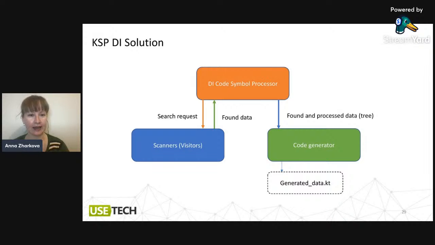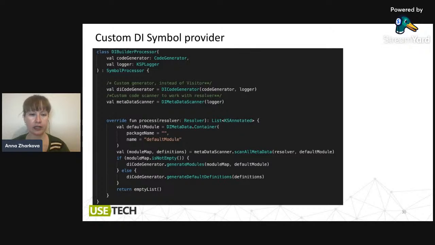It will use a special scanner, or it could be a visitor, and this visitor will analyze all our data and collect it together, and all these batches of data will next be used in our special code generator to create and generate our new data that will be stored as Kotlin sources and then processed with our other sources during the compilation. So there is our symbol provider.